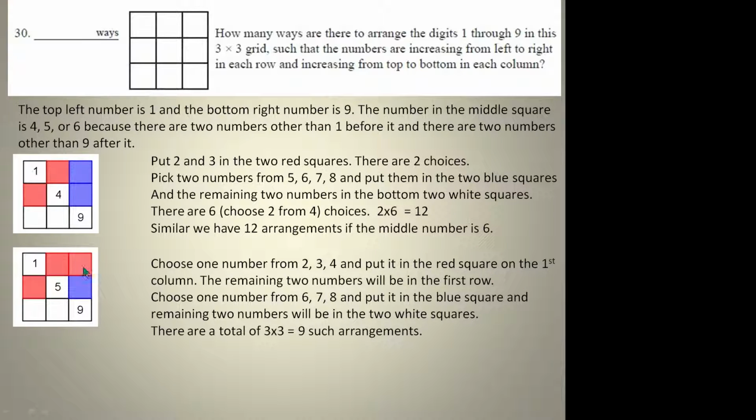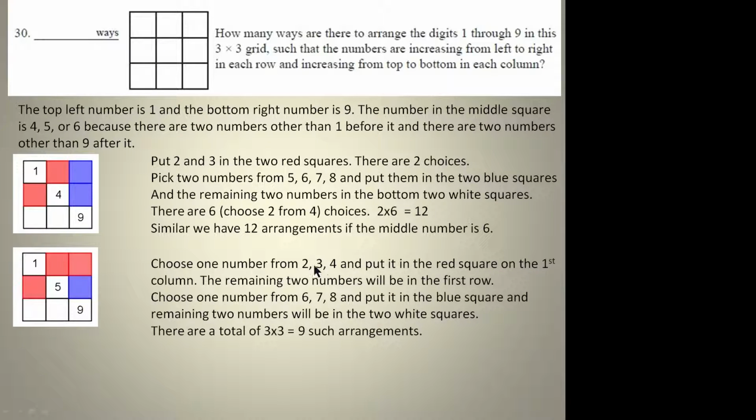It might be 2 here, 1 here. So you choose 1 from those 3 numbers to put here, then the remaining 2 will be here in the correct order.